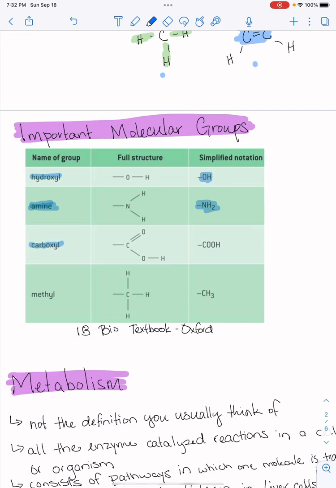Sometimes you may see these carboxyl groups, when carbon is double bonded to one oxygen and then single bonded to another oxygen. And then we have methyl groups, which is when a carbon is bonded to 3 hydrogens, and then it might be bonded to another carbon or an oxygen or something like that.